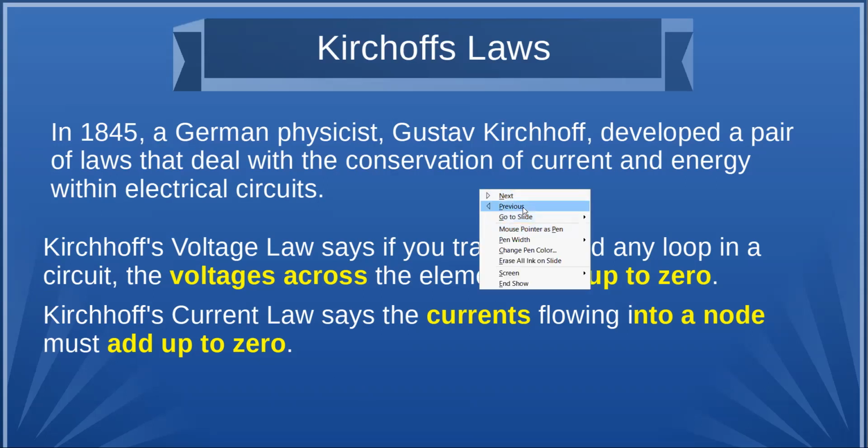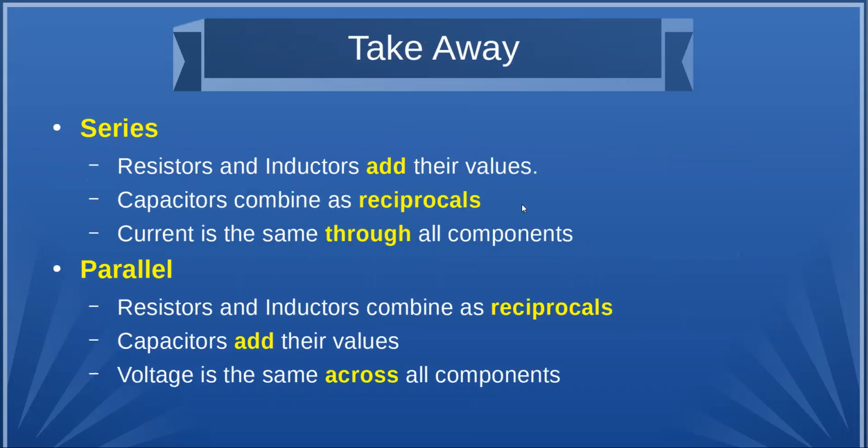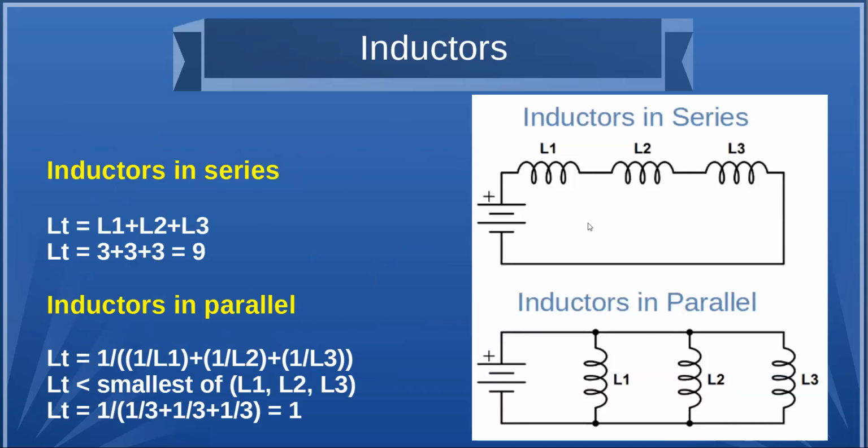Let me back up. Well, we can use this one. I have a voltage on the battery at this point that's positive to negative. If I go around this loop, I have a voltage across this.